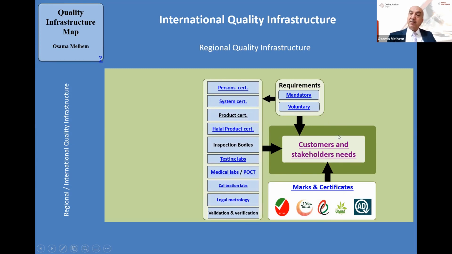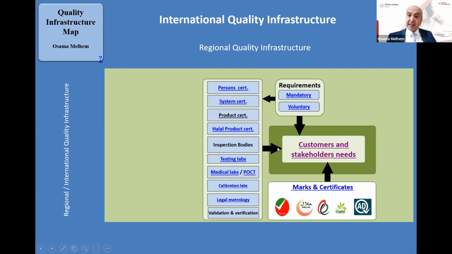If we want to certify that a person is competent to perform special work, for example as an AC technician, electrician, lifeguard, NDT inspector, or any other certificates, there are specific bodies who are authorized and competent to issue such a certificate. We call these bodies person certification bodies.